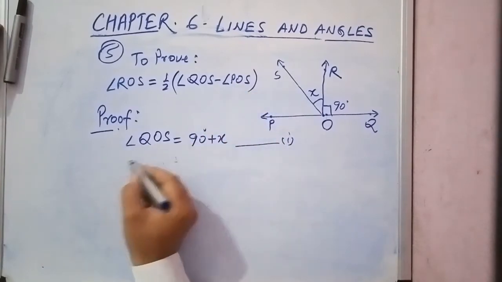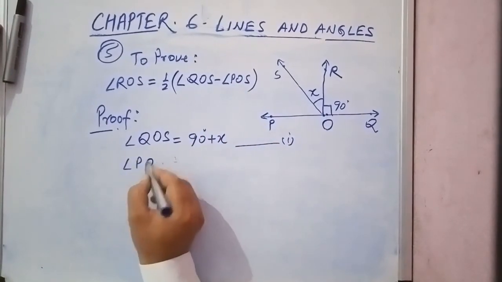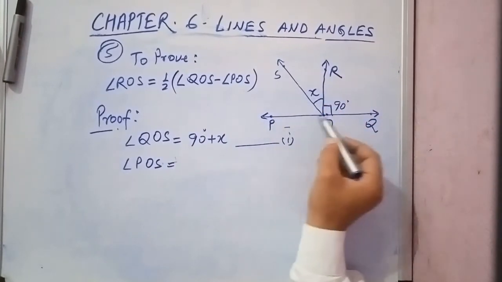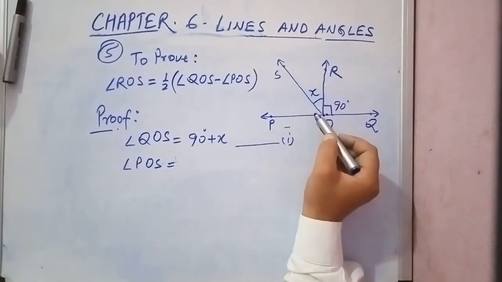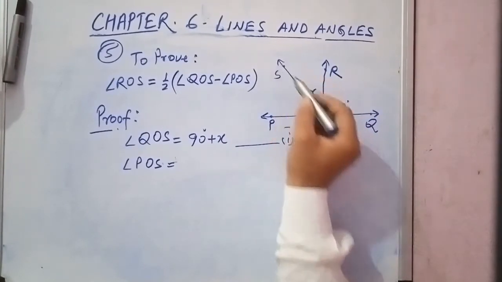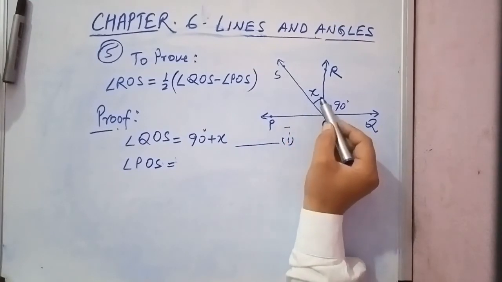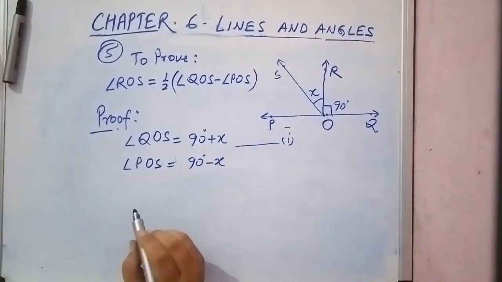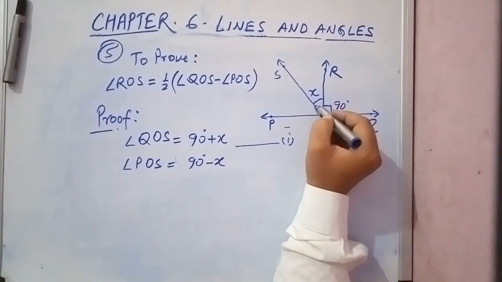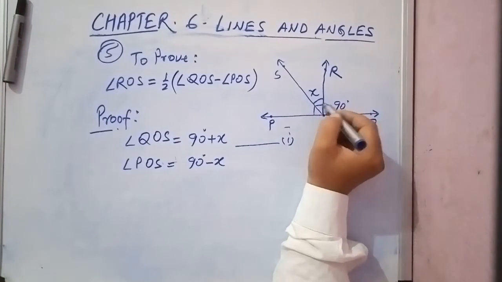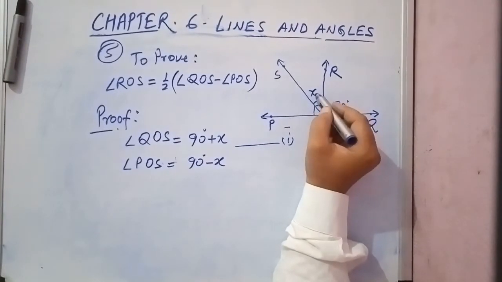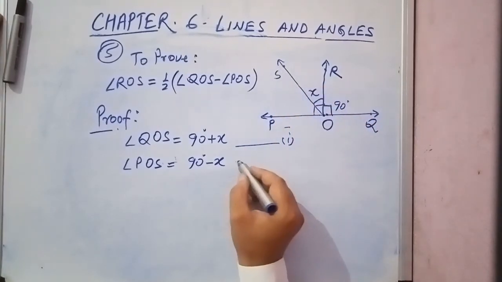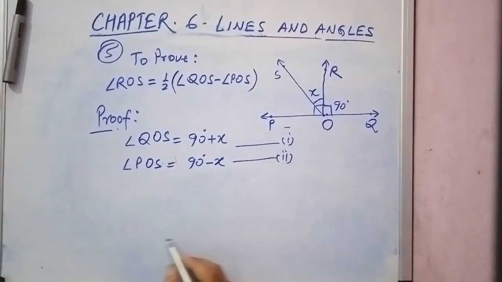Now angle POS: since POR is 90 degrees, POS means 90 minus X. If I subtract this X from this 90 degrees, we get POS only. Let this be the second equation.